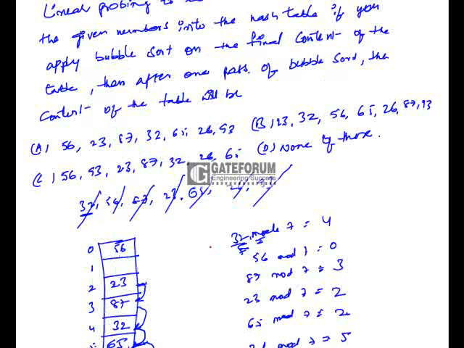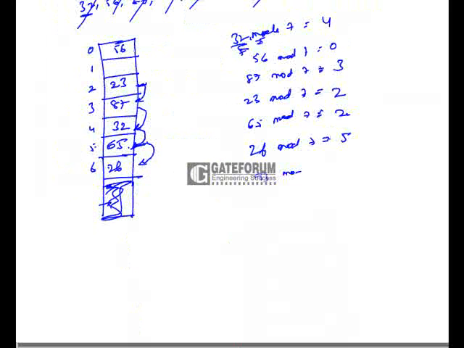Now the last element is 93. 93 mod 7 is 2, and as 2 is already filled, if you use linear probing, it will be placed at position 1. So this is the content of the hash table after inserting the given elements.